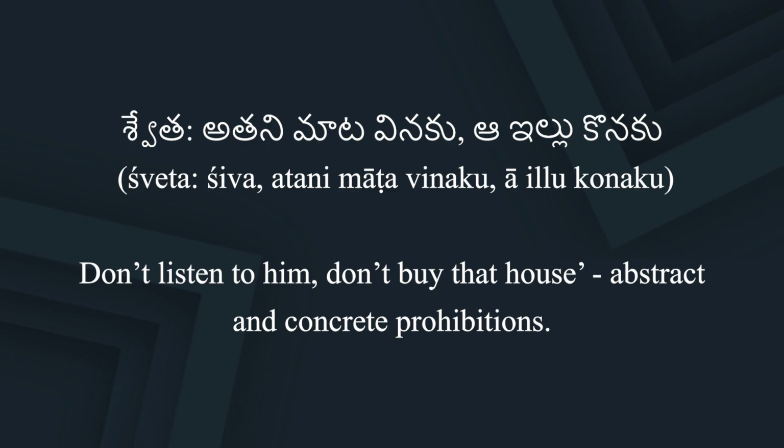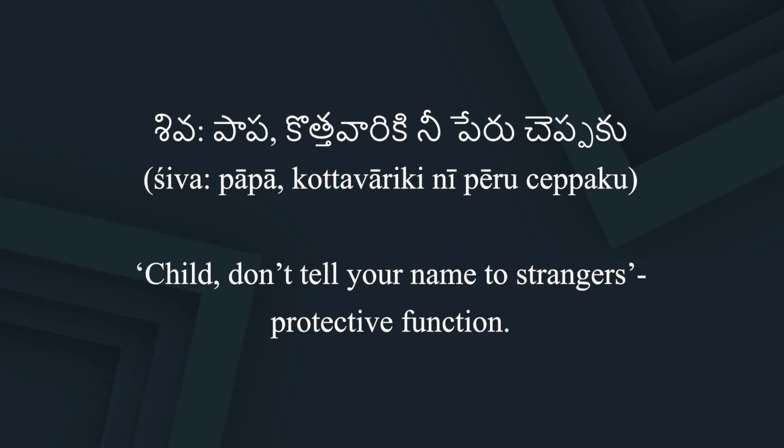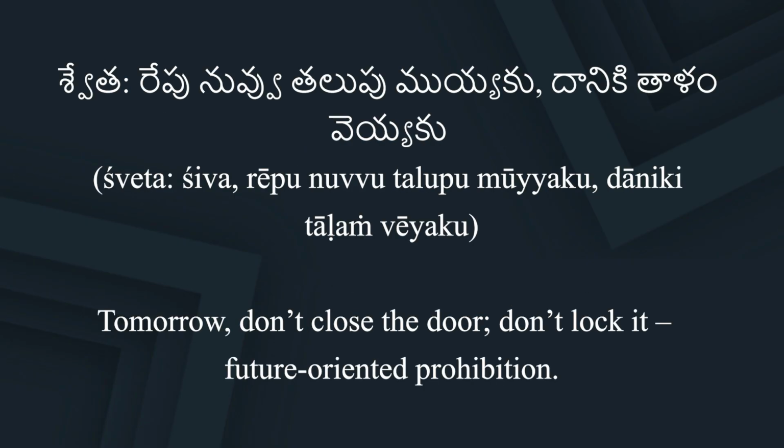Abstract and concrete prohibitions. Shiva says, పాపా కొత్త వారికి నీ పేరు చెప్పకు. It is to say, child, don't tell your name to strangers. It is a protective function. Next character says, రేపు నువ్వు తలుపు ముయ్యకు, దానికి తాళం వెయ్యకు, which means tomorrow don't close the door, don't lock it.